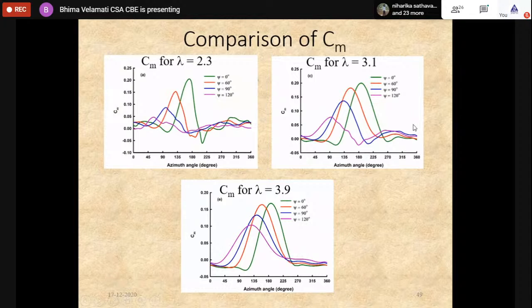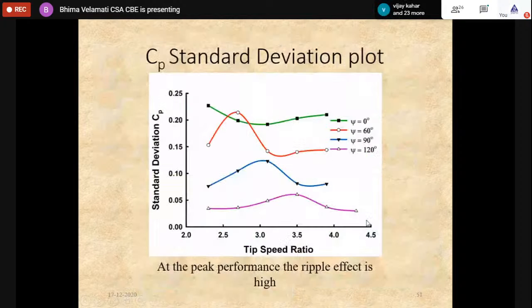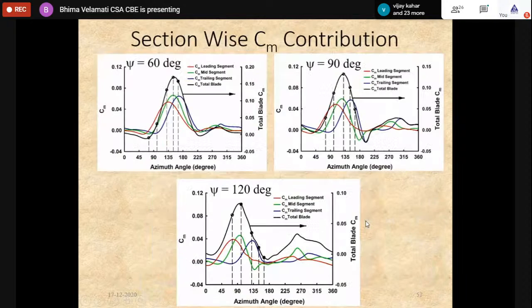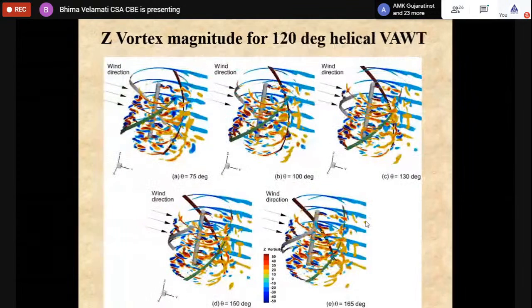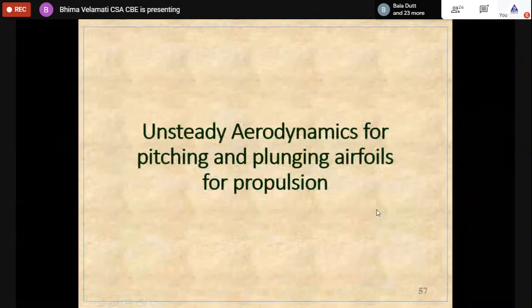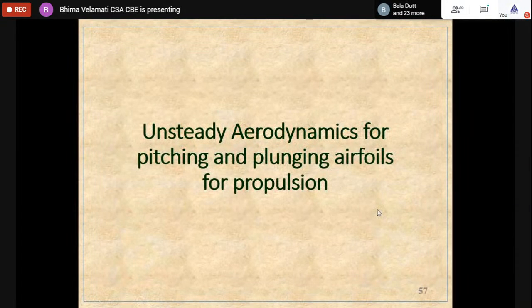The production drops because the secondary interactions are high for 120 degrees. Those can be seen in the flow field, which is the whole advantage of solving full CFD. This is one work that we have sent for publication recently.